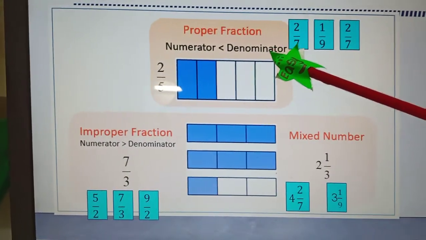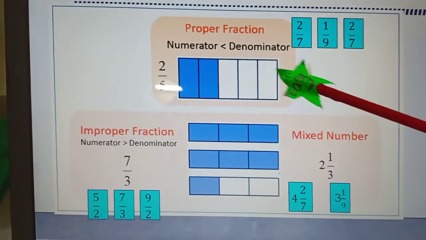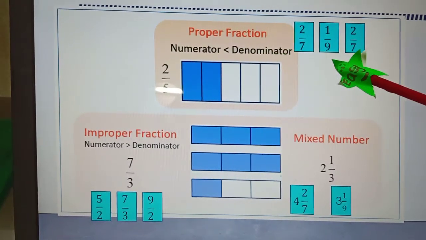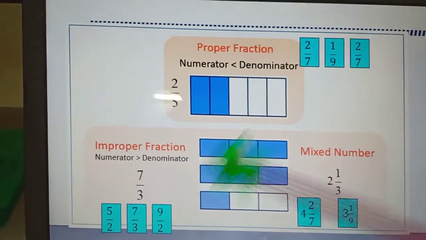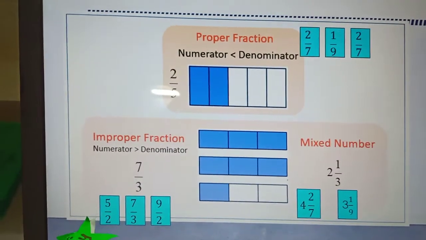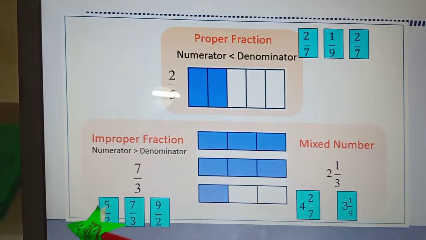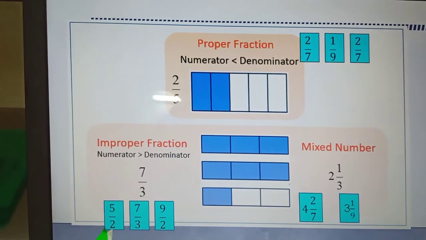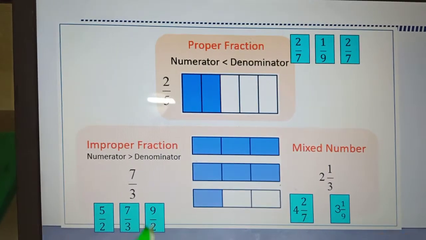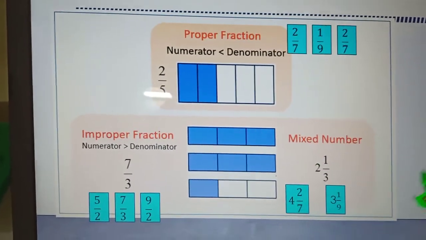Father or mother can carry you. See, father and mother are the bigger number, the top one is you. But improper becomes you carry father and mother. The smaller one goes down, the bigger one goes up.